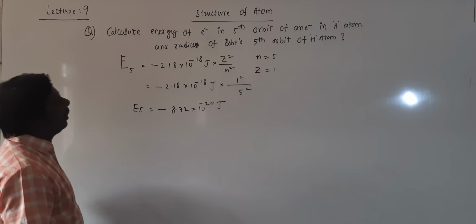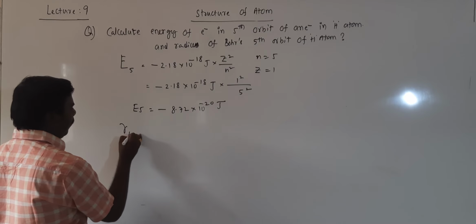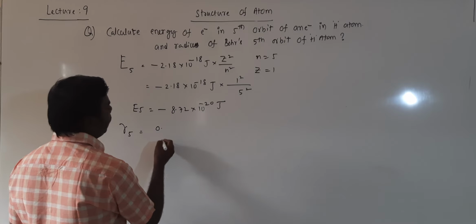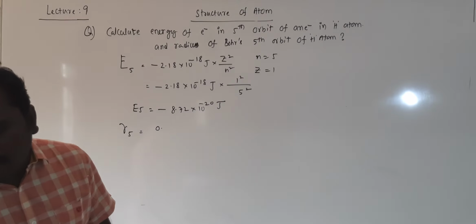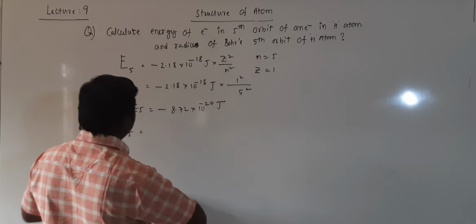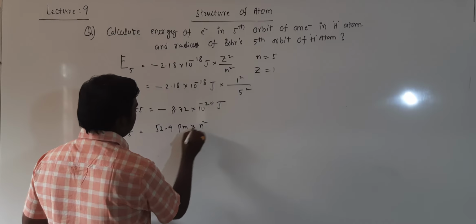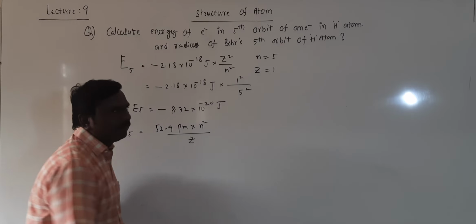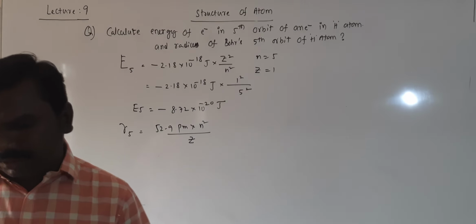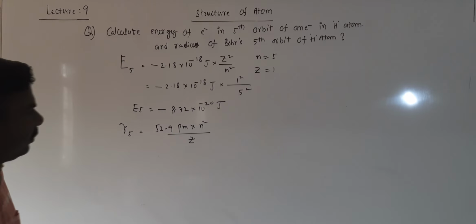Next, the radius of the fifth orbit equals 0.529 angstrom, or 52.9 picometers, into n square by Z. n square by Z is the formula.